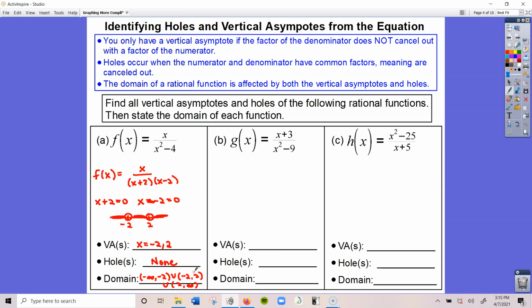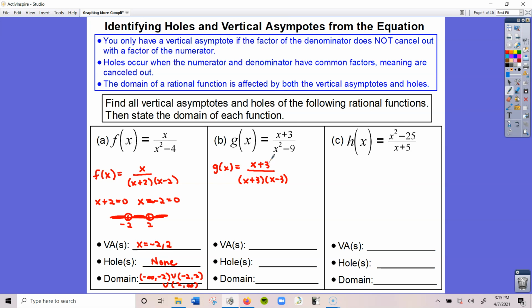Now let's look at this next one here. We have g of x is equal to (x plus 3) over (x squared minus 9). Let's simplify this rational function. The numerator cannot be factored, so we're going to leave it as x plus 3. But the denominator, x squared minus 9, is another difference of squares. So we can factor that to be (x plus 3)(x minus 3).